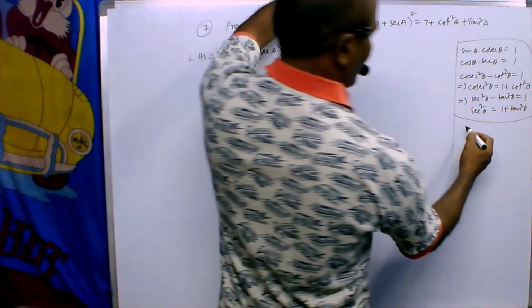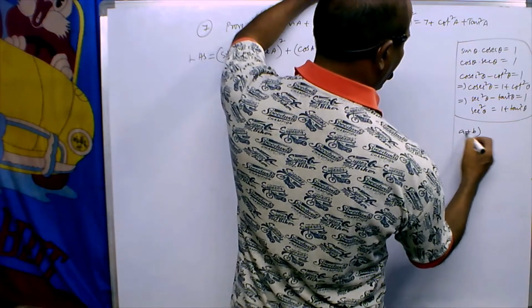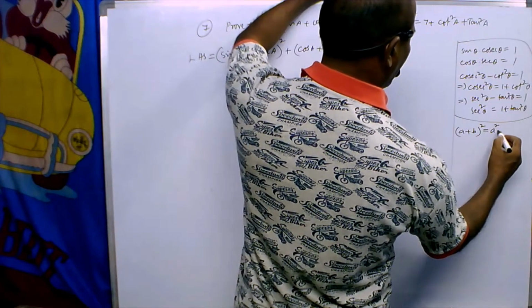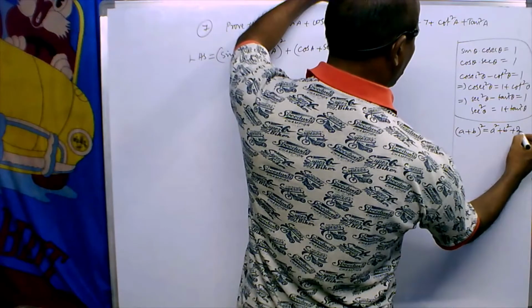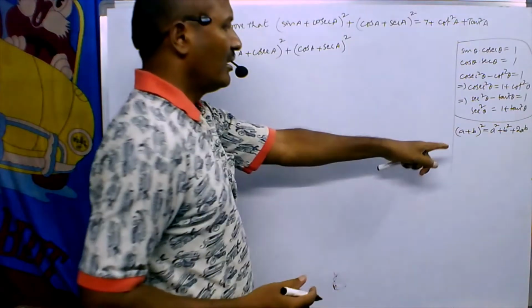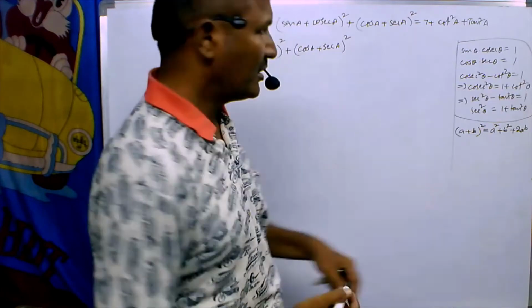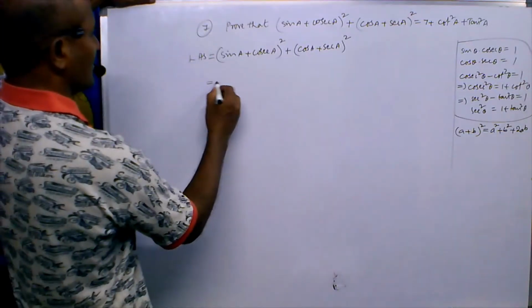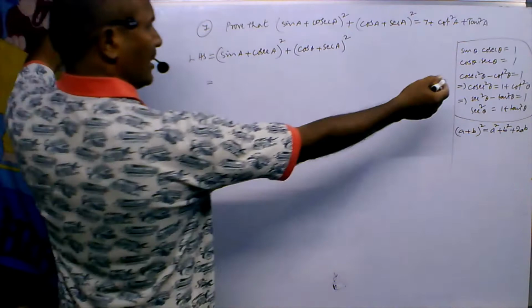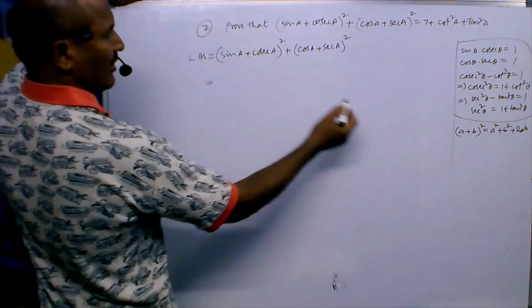Here we use one more algebraic identity. (a plus b) whole square equal to a square plus b square plus 2ab, or (a plus b) whole square equal to a square plus 2ab plus b square. You can use it in any way. Now let us expand this using the identities which we have discussed. It is in the form of (a plus b) whole square.